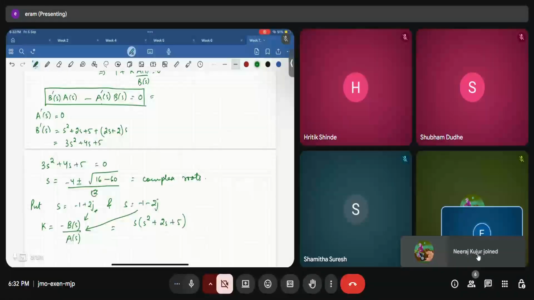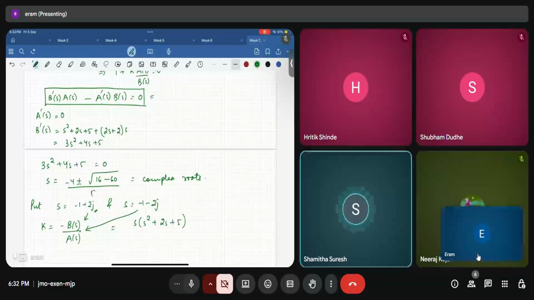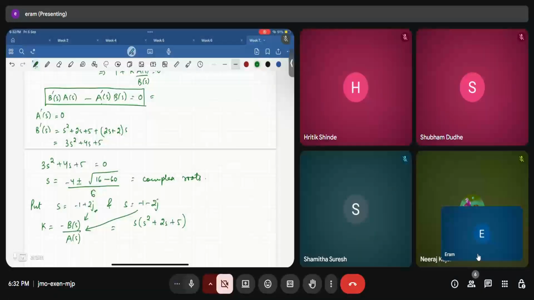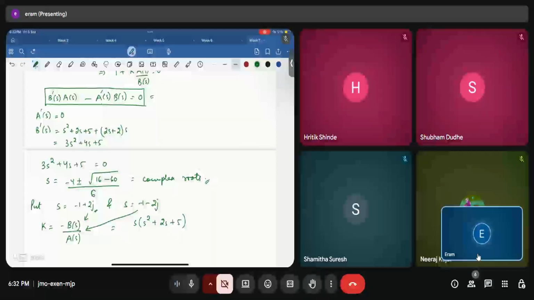So this will be 6. No, 5 won't come. B'(s). Some roots we will get, which will be complex.